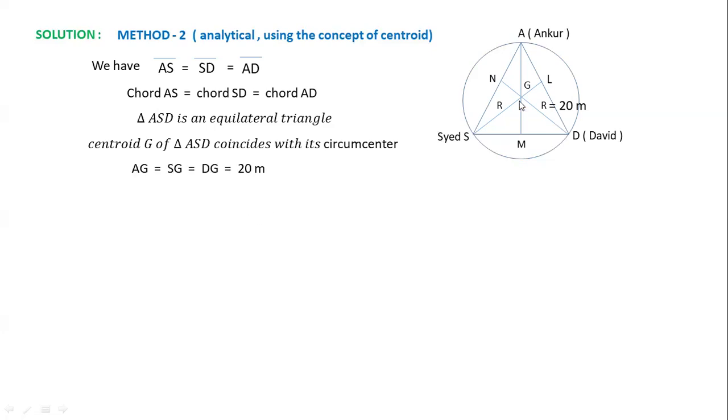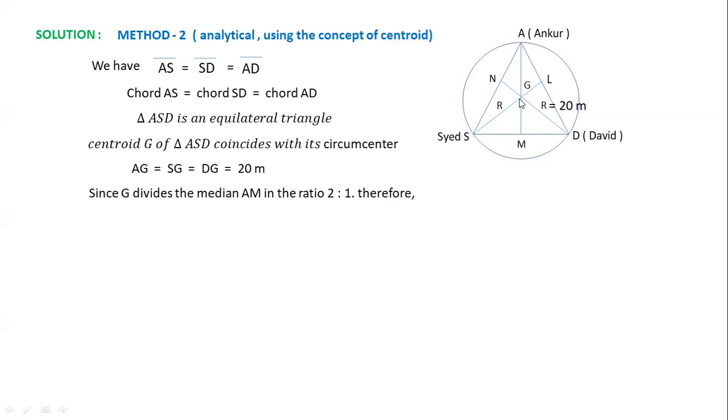That means from here we are getting the radius. This is AG. This is the radius. SG is also radius. DG is also radius. And all are equal to 20 meters. Since G divides the median AM in the ratio 2:1. I told you the centroid divides the median in the ratio 2:1.